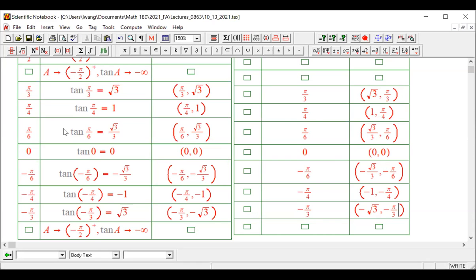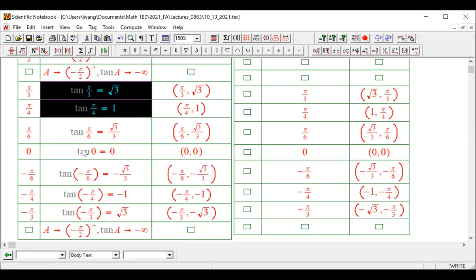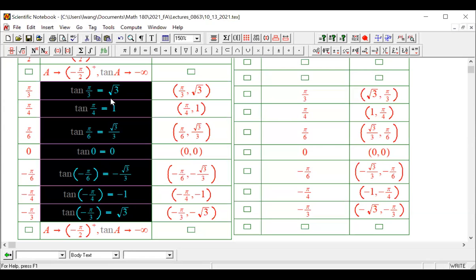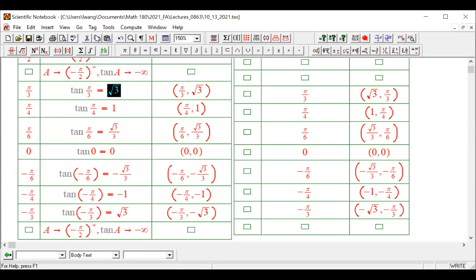The former output becomes the input. So all of these are inputs. Root 3 is a new input. 1 is a new input. Root 3 over 3 is the new input for the inverse function. 0, that output becomes that ratio 0. This is a ratio 0. This is a radian 0, angle 0. Do you guys follow me? Even though they both are 0, they have different meanings.